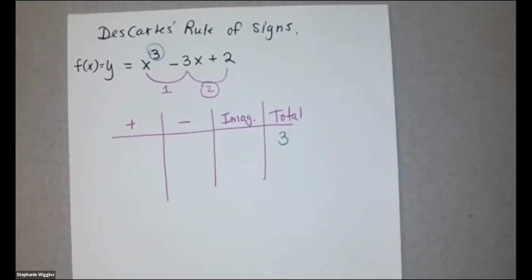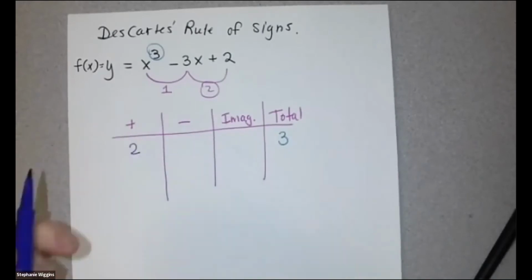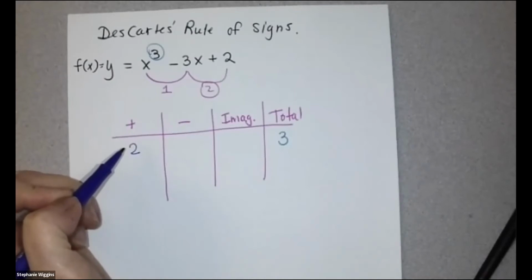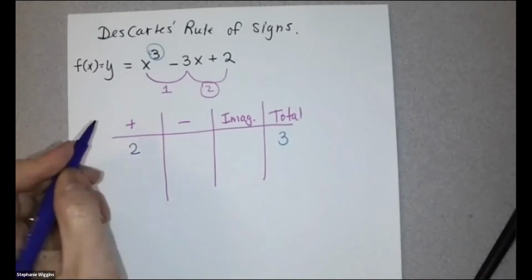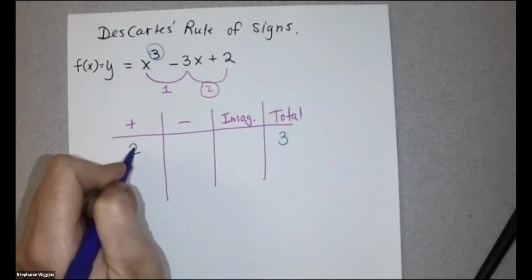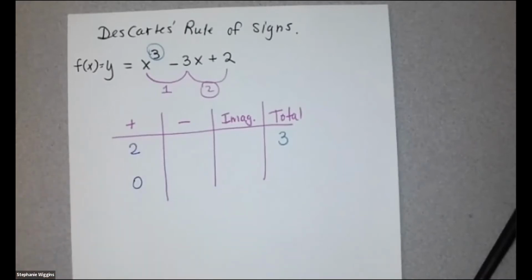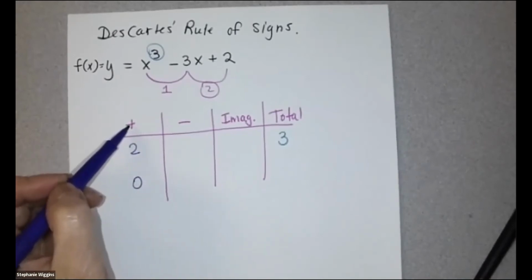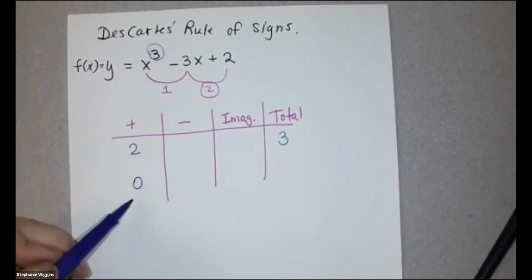I have that 2, and then you go down by even numbers. So it could be less than 2. It can't be 1 because you have to go down by an even number. So the next even number down is 0, okay? So there are either 2 positive zeros or 0 positive zeros. Those are the 2 possibilities.